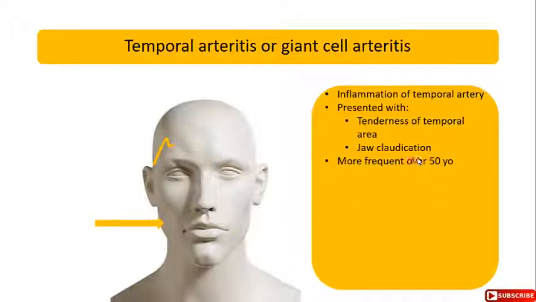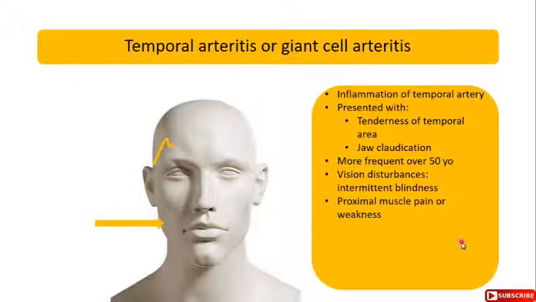It's more frequent in people over 50 years old. Remember this one? Also, you can have vision disturbances. One of the main characteristics of this temporal arteritis is this, intermittent blindness. So, again, if you read in the question intermittent blindness, you for sure have to choose temporal arteritis.